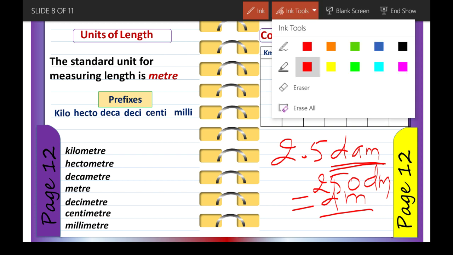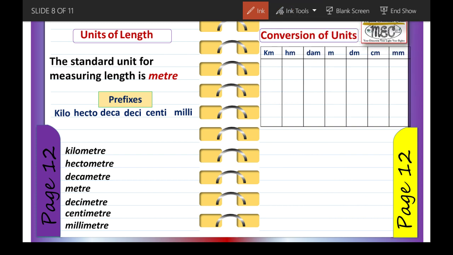You can have another example when you are given, for example, 0.01 centimeter, and you want to convert it into hectometer. It is simple. Centimeter is here, we put the decimal point here. This is 0, 0, 1. And then you fill in with zeros until you get to the asked units. And remember that this point must be moved to the asked units.